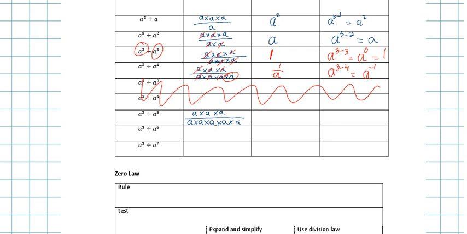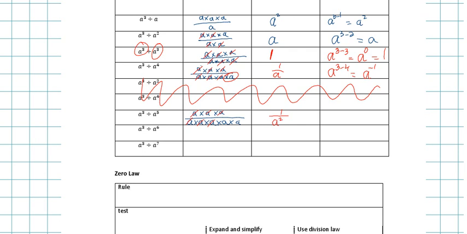If I simplify, gone, gone, gone. So what do I have left? It's not 2. What is it? 1 over a. 1 over a to the power of 2. It's not 2, that's kind of 1.